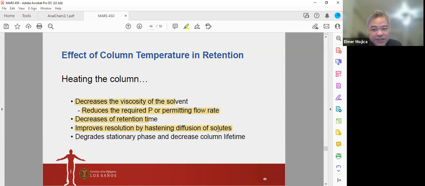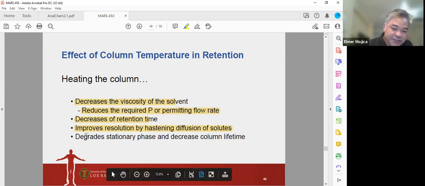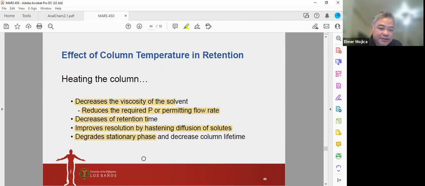But unfortunately, this is not commonly done because it can degrade your stationary phase and it will decrease the column lifetime. You seldom do heating of the column in HPLC. But if you do that, it's because you have reasons. But usually you don't do that because the lifetime of your column decreases.